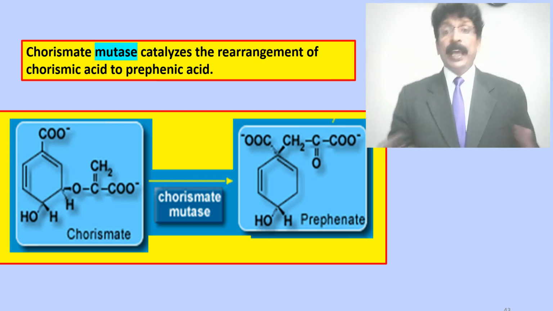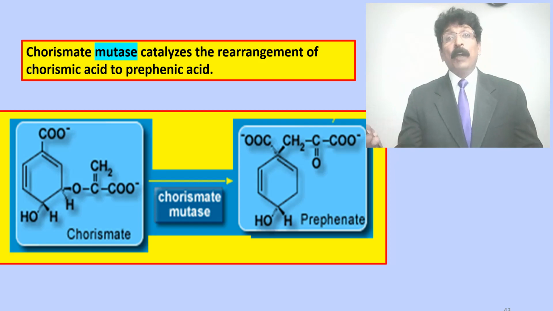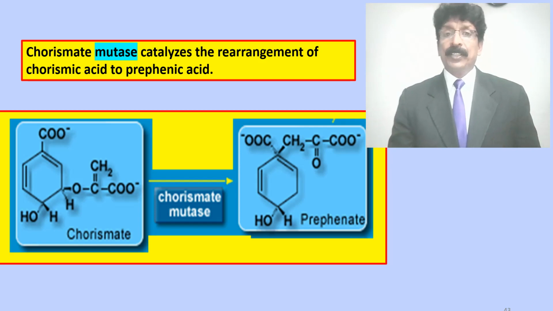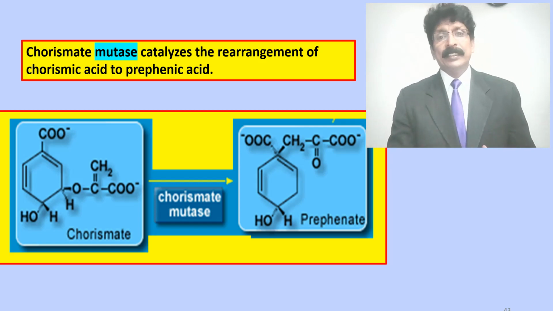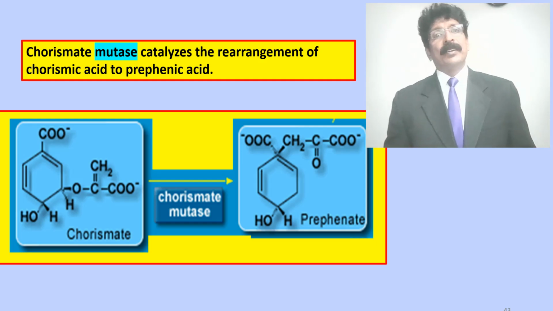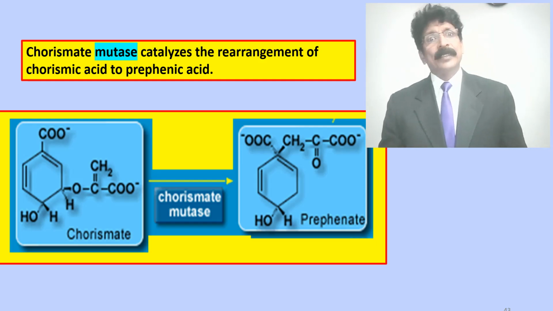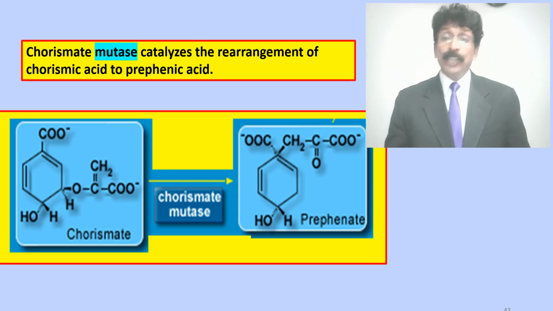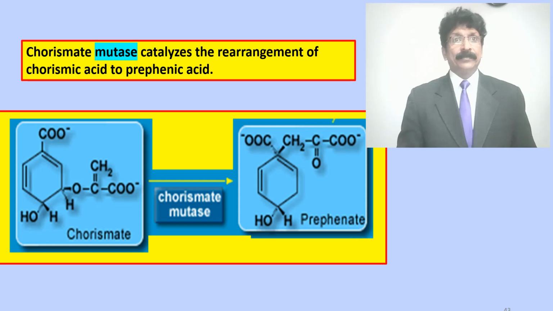So 2 carboxylic acid groups are present in the same place. One is COOH and another is CH2COOH, so an ester or COOR, or you can say a ketone as well as an acid is present there.